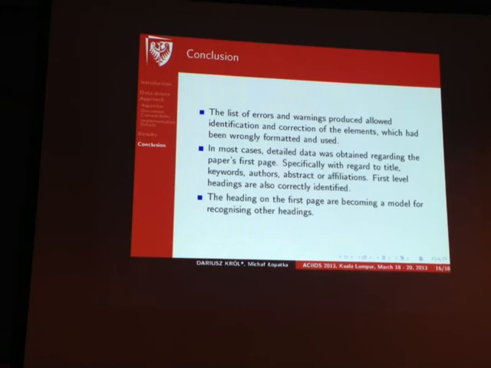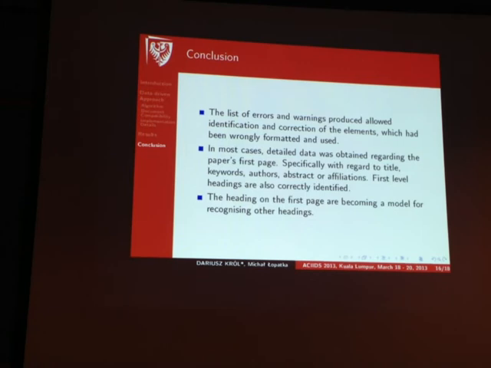Conclusion. The list of errors and warnings which are produced after the recognition allowed indication and correction of the elements which are wrongly formatted. But what is very important is that the errors should be more informative for the users.